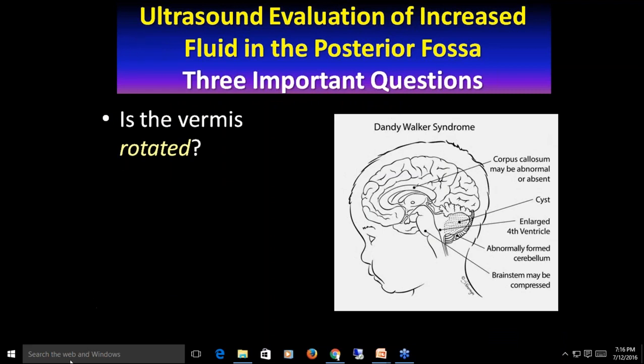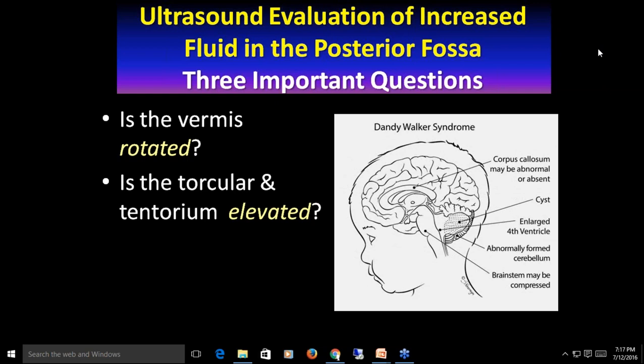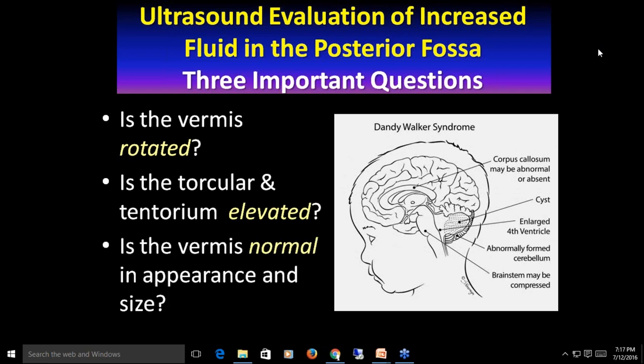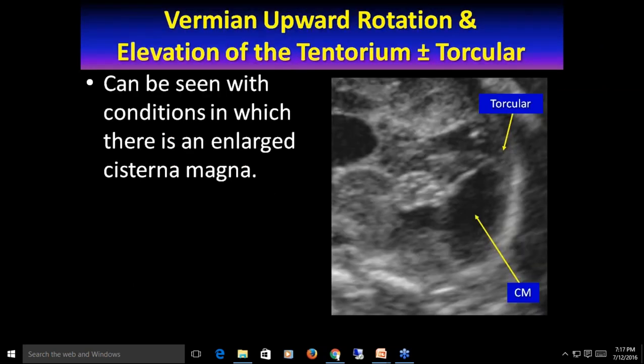When we're looking at an ultrasound in which there is increased fluid in the posterior fossa, there are three important questions that we should definitely keep in mind. And these questions are, is the vermis rotated? Is the torculum and tentorium elevated? Is the vermis normal in appearance and size?